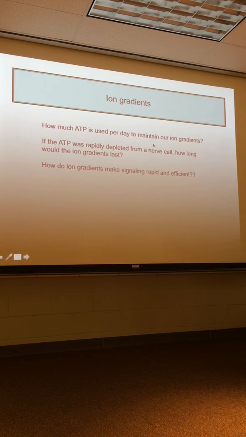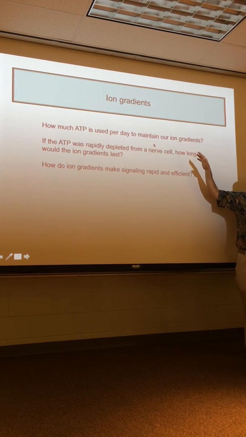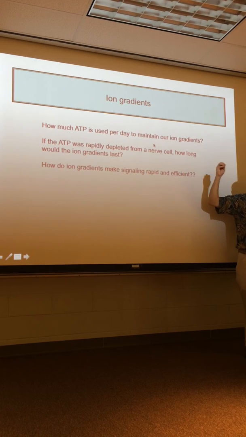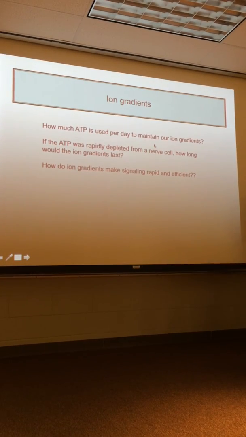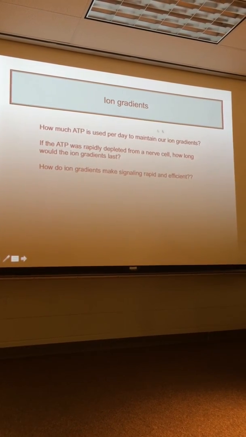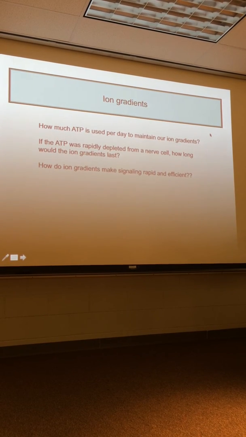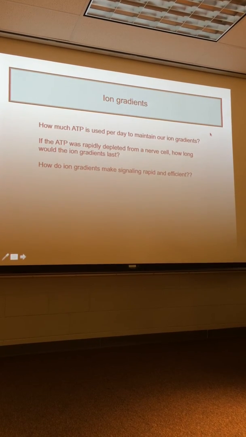All right, so more important question. This is important to know because if we understand how ion gradients are maintained in the brain, it can tell us something about brain metabolism. What's interesting about the brain is that there's no stored energy in the brain. There's no fat in the brain. There are fat-like things, lipids, but there's no fat storage and no use of fat in the brain.